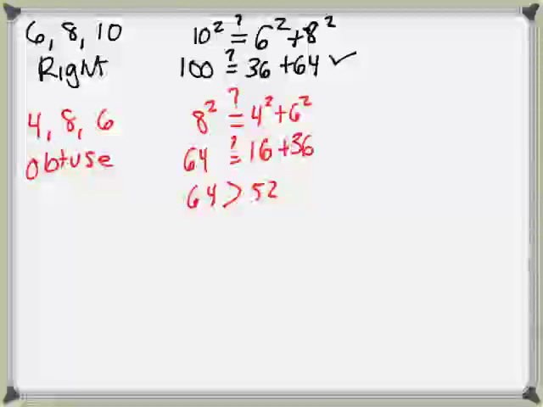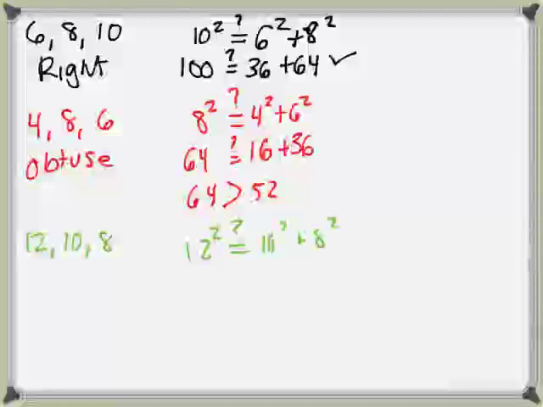Let's try 12, 10, 8. Which one am I going to put by itself? The 12. The biggest always has to go alone. And we're going to test, is that the same as 10 squared plus 8 squared?